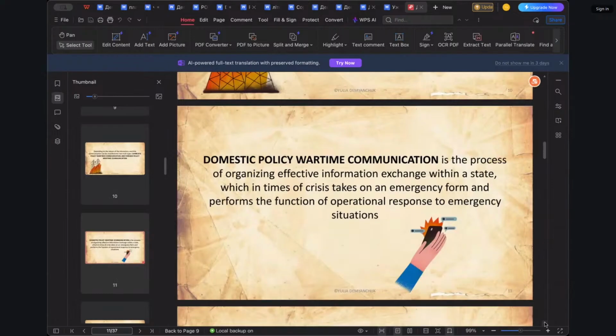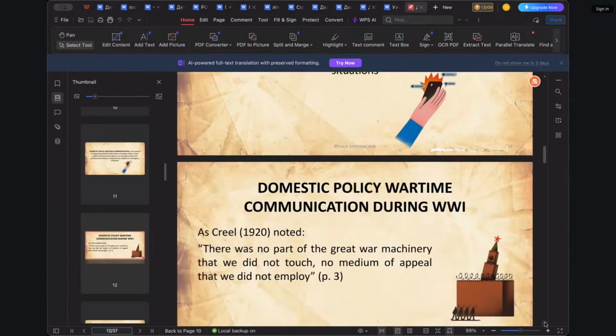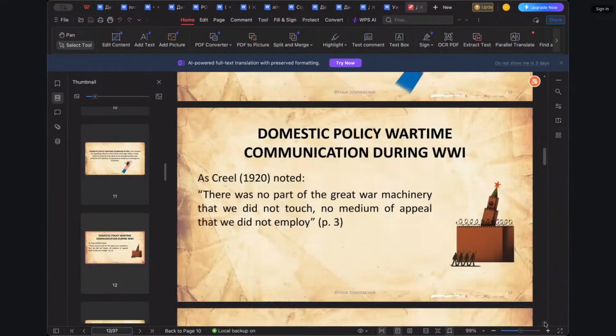So, first of all, domestic policy wartime communication is a process of organizing effective information exchange within a state, which in times of crisis takes on an emergency form and performs the function of operational response to emergency situations. First, I will propose some examples and very significant extracts from the First World War.